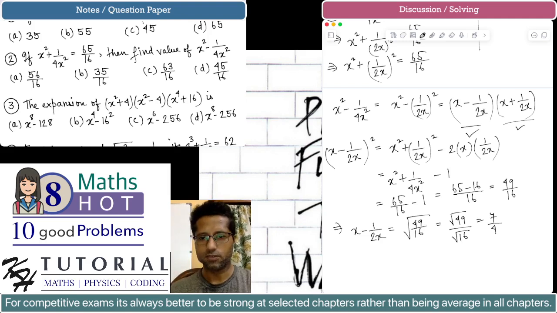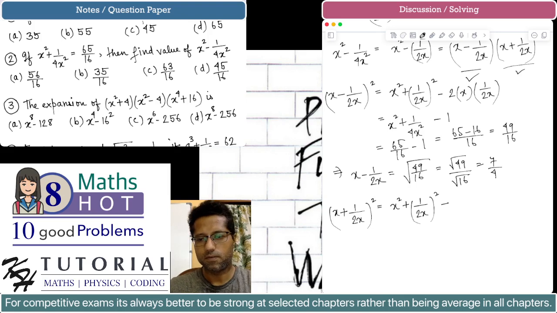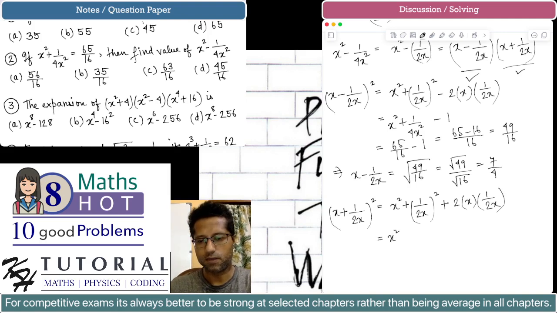Similarly, using the same concept, we can find the value of x plus 1 by 2x. So we will have (x plus 1 by 2x) whole square is equal to x square plus (1 by 2x) whole square plus 2 into x multiplied by 1 by 2x, applying the identity a plus b whole square is equal to a square plus b square plus twice ab. So this is equal to x square plus 1 by 4x square plus 1.